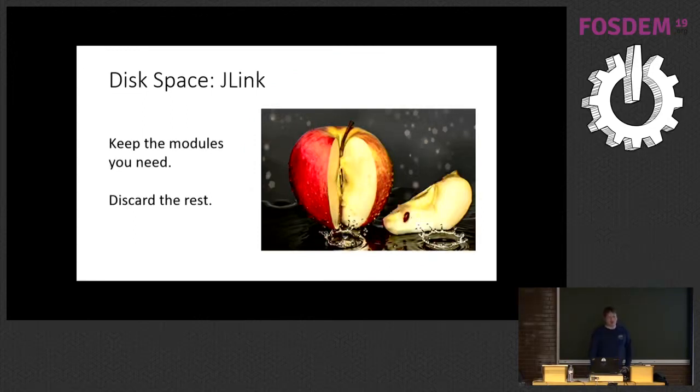JLink is a very handy tool. It was introduced in Java 9, and I've been running a bunch of tests with it in Java 11 to produce some quite interesting numbers. The concept is, as the slide says, you keep the modules you need and you discard the rest.